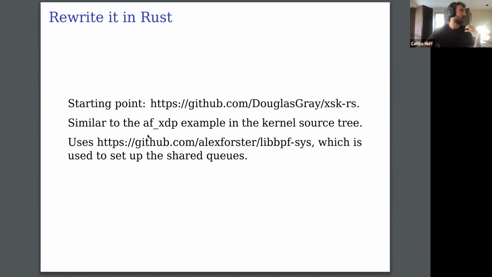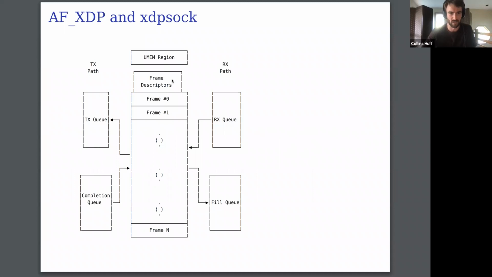The examples indicated to me this is a reasonably straightforward translation of the C code that is in the kernel source tree under the AF_XDP example, translating that into Rust. And this was super awesome to find. It was a great starting point for me to get my bearings with all of these different data structures and how to use them and the system calls.